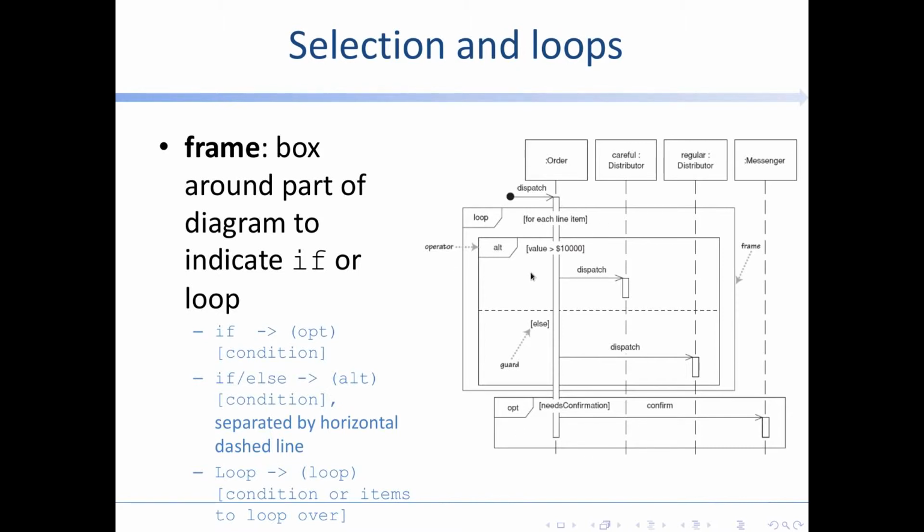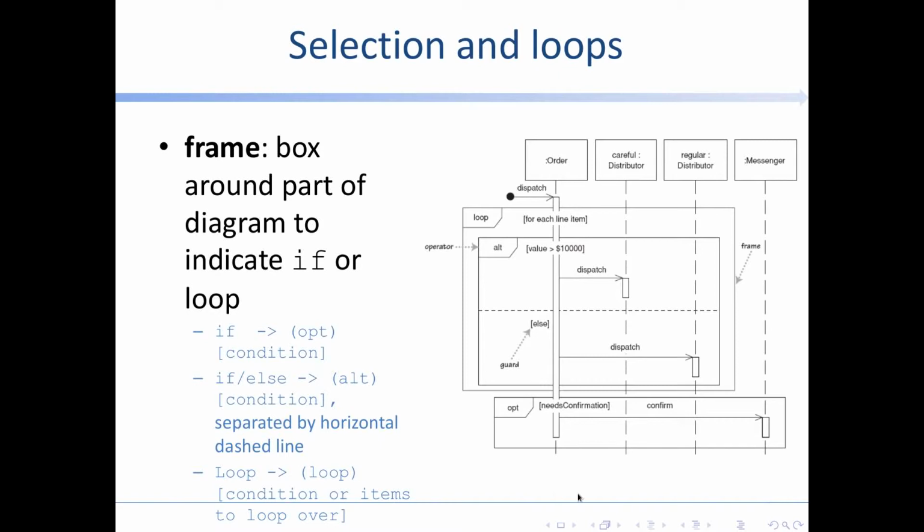And finally, after you're done, there is an optional area where if it needs confirmation, then you call the confirmation messenger. Okay. So the optional is without an else statement, and alt is an alternate, like if and else statement condition.